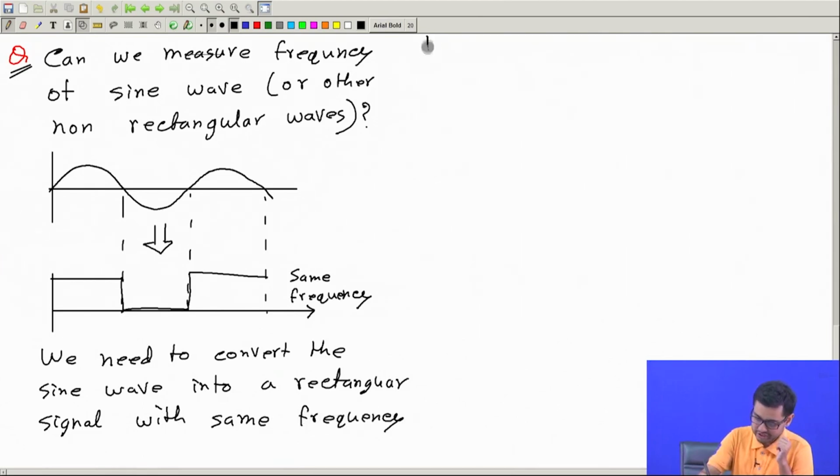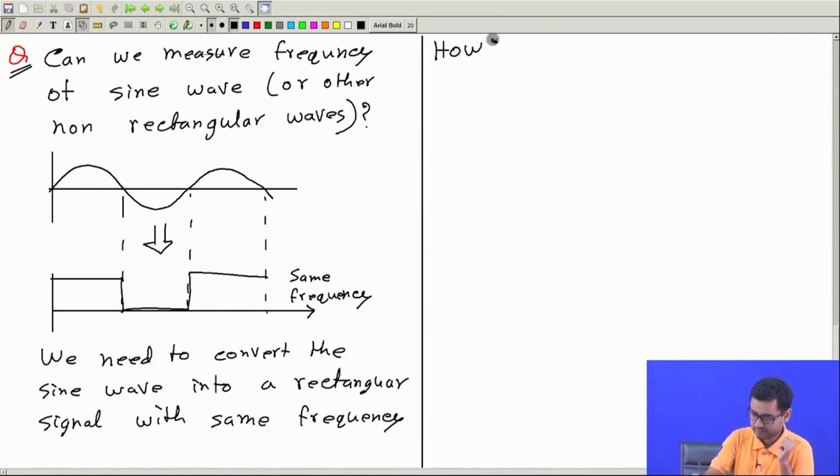But the question is how? Let us first try a very simple scheme. The scheme is this: just use a comparator. What is a comparator? We have studied this.